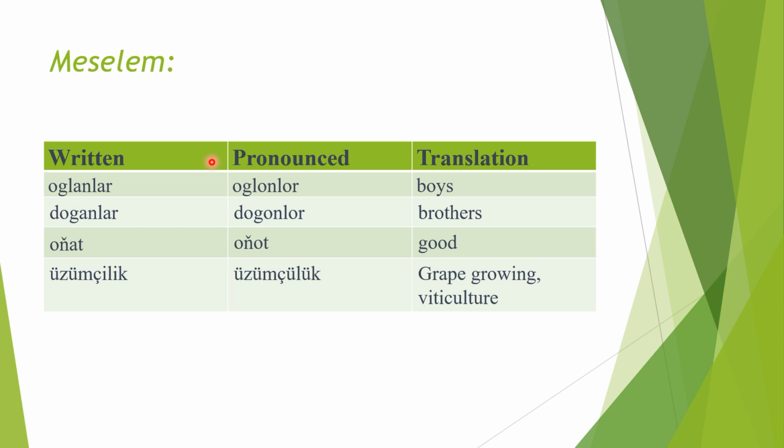But this is only when we pronounce. When we write, we must follow the rule of the writing system. That is, we can write o and ö only in the first syllable. I say it again, o, ö, we can write only in the first syllable.